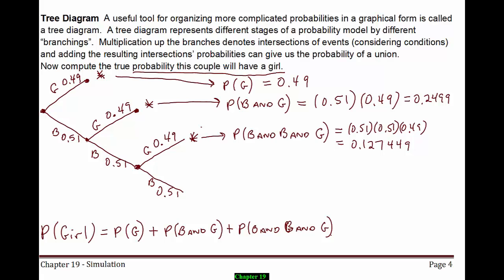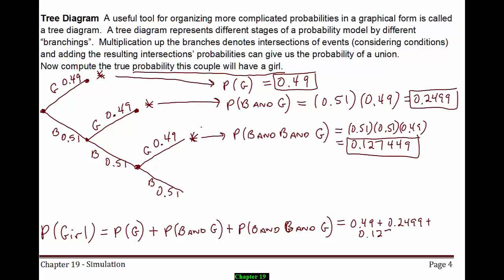And so we see that we can add our intermediate probabilities from up here to get this answer. So it's 0.49 plus 0.2499 plus 0.127449. And when you punch that in your calculator, you're going to get 0.87.